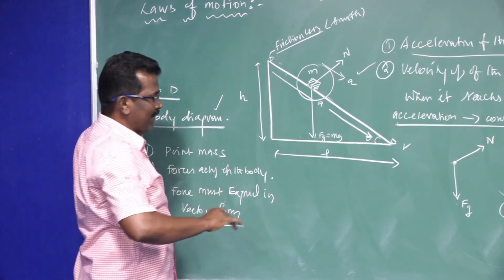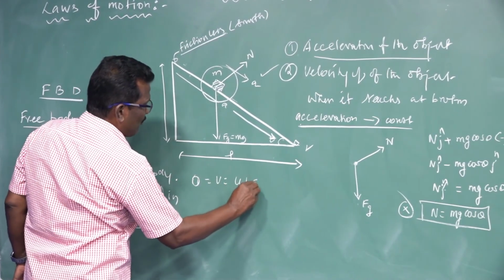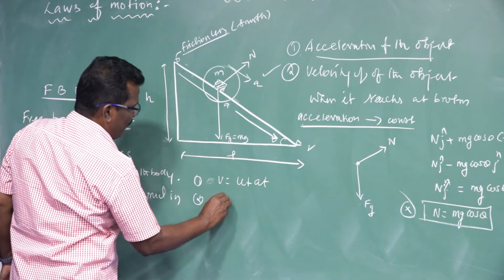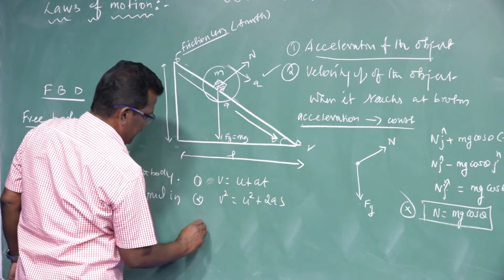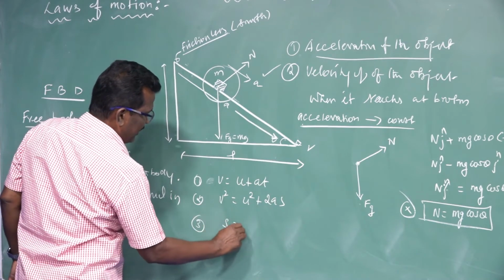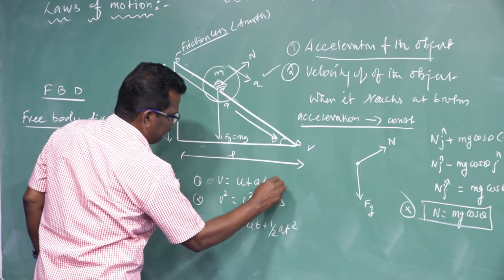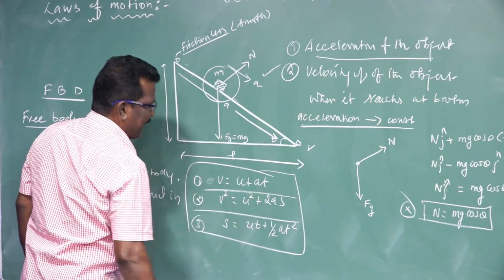What are they? First, v is equal to u plus at. Second, v squared is equal to u squared plus 2as. Third, s is equal to ut plus half at squared. From these three formulas, we have to select one.